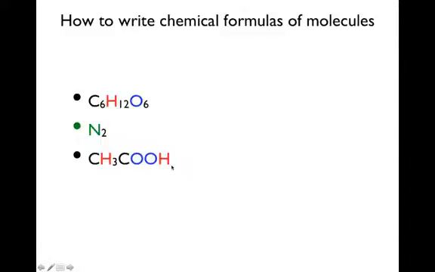Then the final question is, how many oxygen atoms does this molecule have? I will pause for a second again, and you can see that it has 2 oxygen atoms. So the acetic acid molecule actually has 2 carbons, 4 hydrogens, and 2 oxygens, even though the atoms are a little bit split up in this formula.